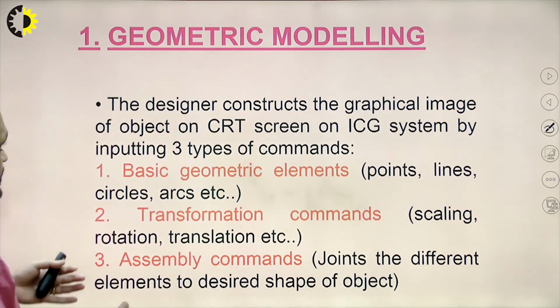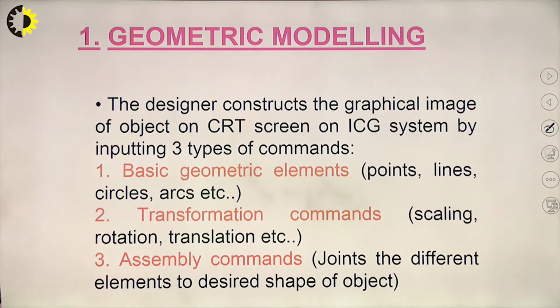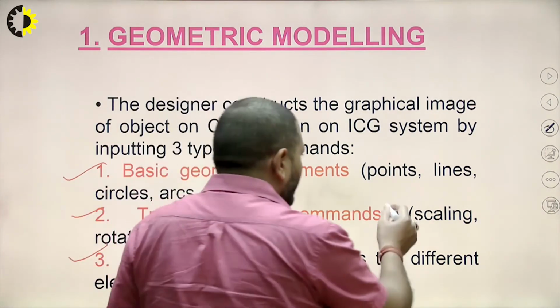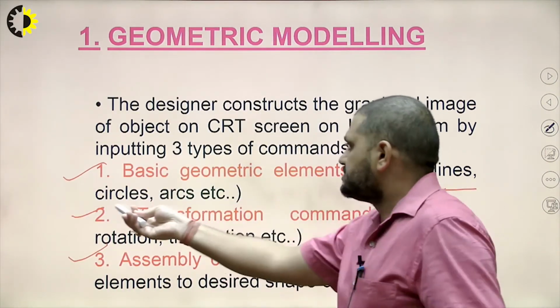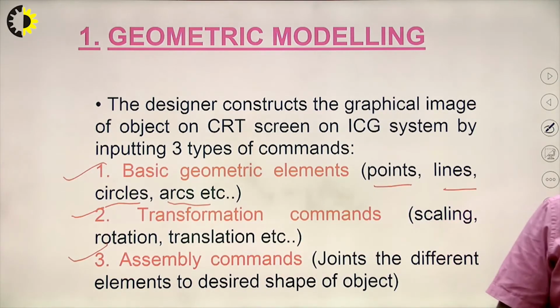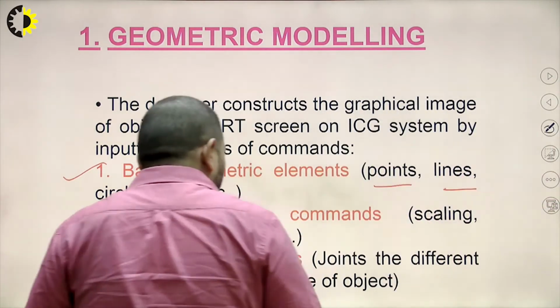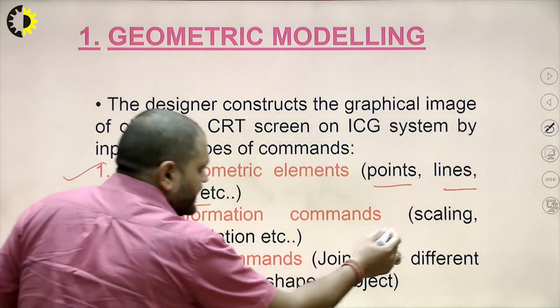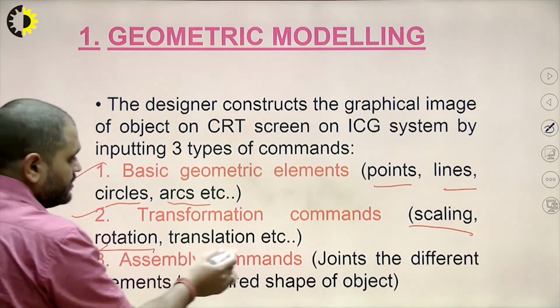In geometric modeling there are commands. The first is basic geometric elements, the second is transformation commands, and the third is assembly commands. Basic geometric elements contain points, lines, circles, arcs, etc. Transformation commands include scaling, rotation and translation.